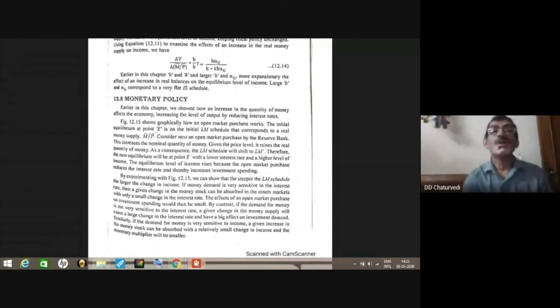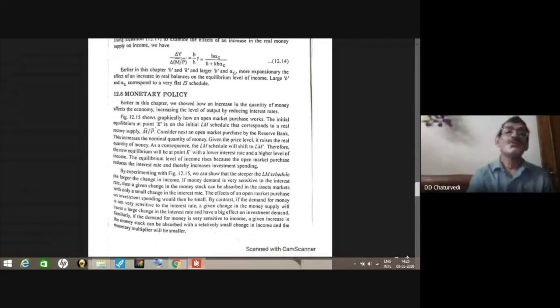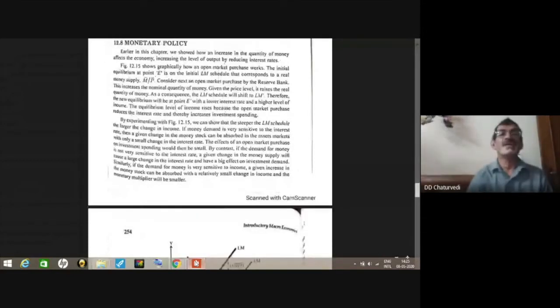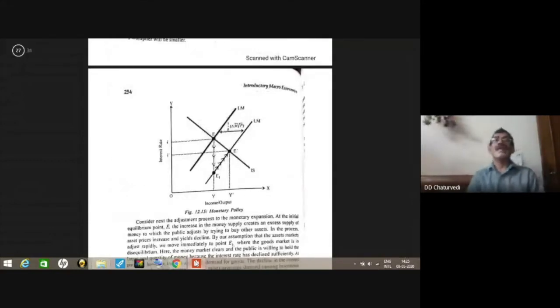So we can see in this diagram number 12.15 that the LM curve has been shifted to the right because of an increase in the real money balance. Because I have told you that monetary policy will cause a shift in the LM curve and fiscal policy causes a shift in the IS curve.